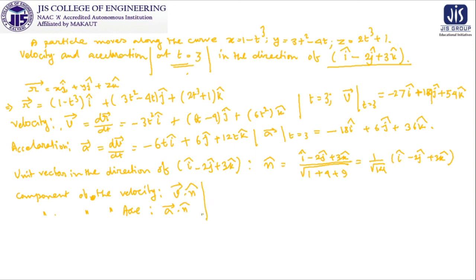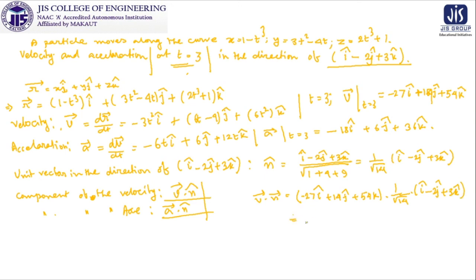Our job for the last part is to calculate these two dot products. V at t equal to 3 is minus 27i plus 14j plus 54k, dot 1 by root 14 times (i minus 2j plus 3k).